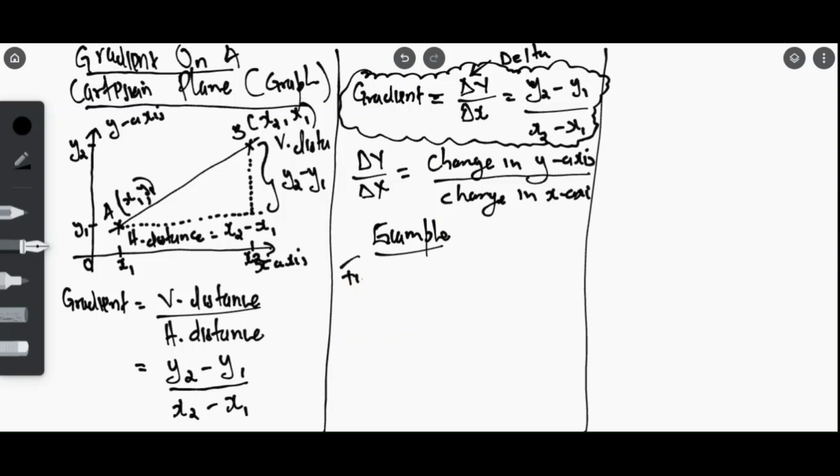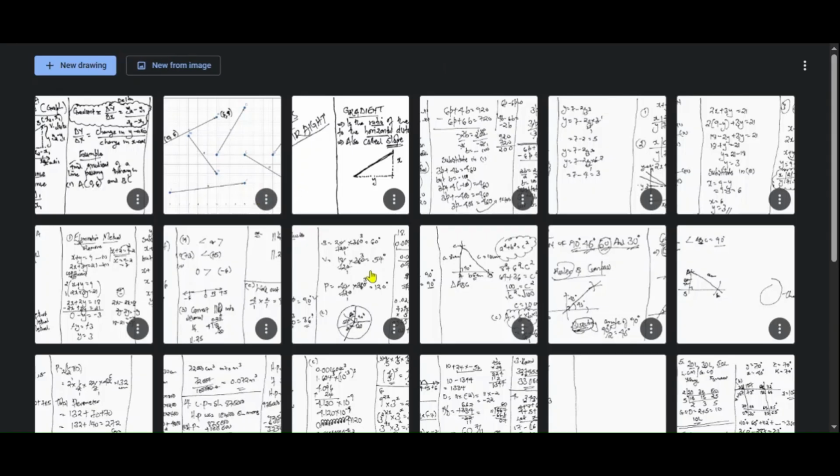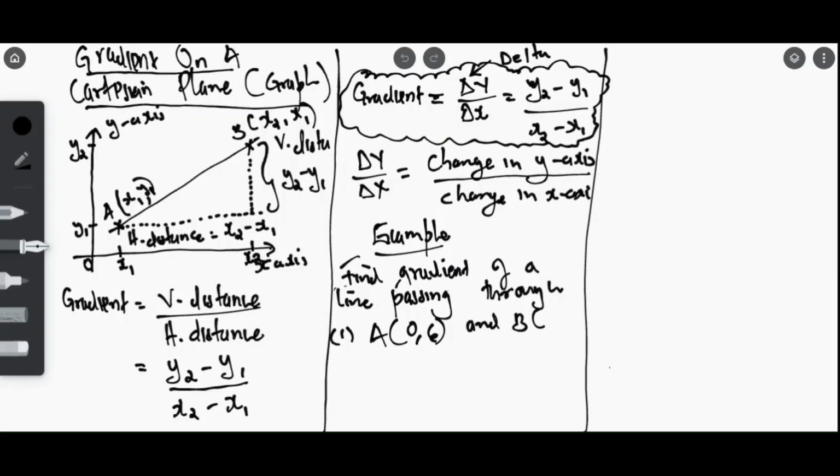We are finding the gradient of a line passing through, Roman 1, point A, which is 0, 6, and B, which is, let me confirm, 6, 9. This one here, 6, 9. So it's exactly the same as that.